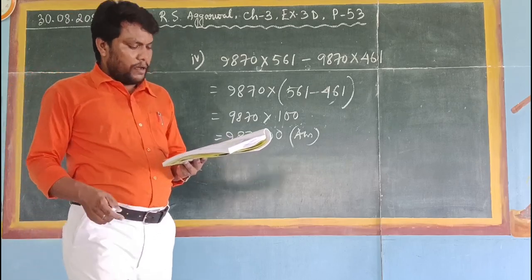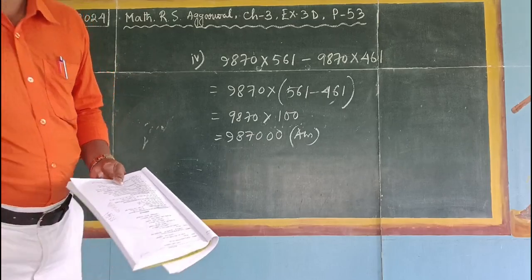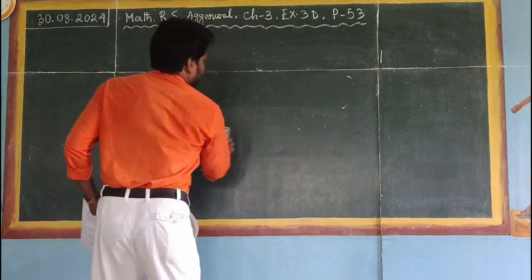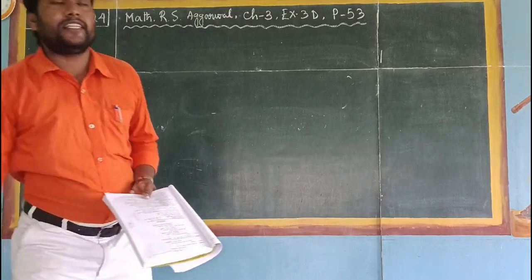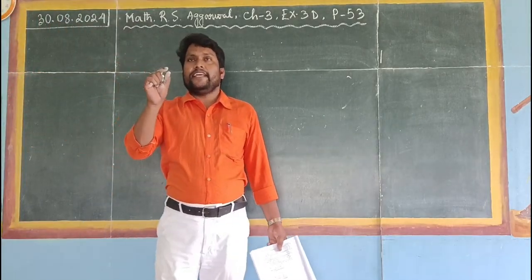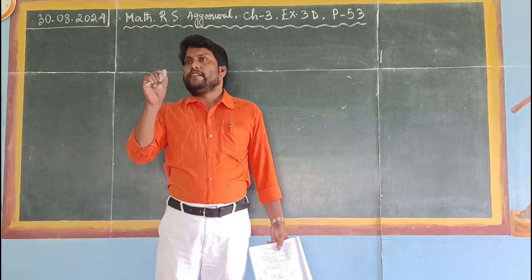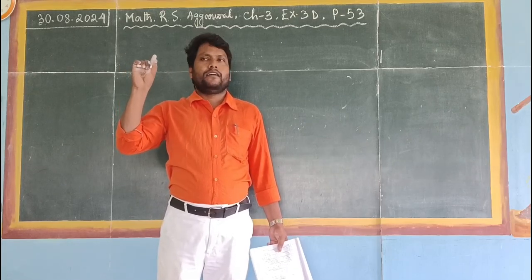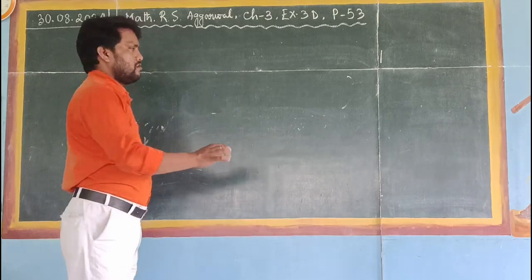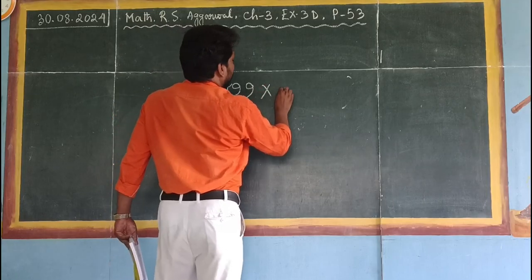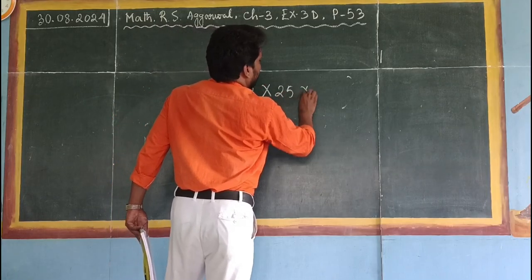Next, question number 4 is quite different. The question says at first arrange the numbers suitably, then multiply. Look, I am giving an example. Suppose 999 into 25 into 4.